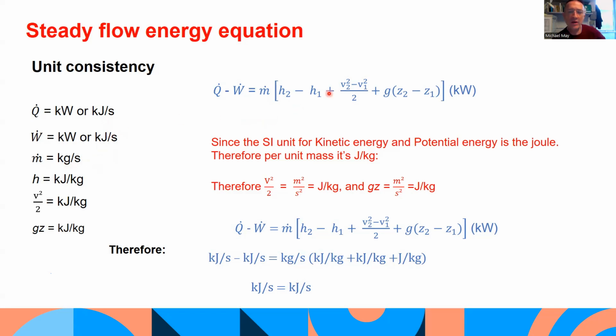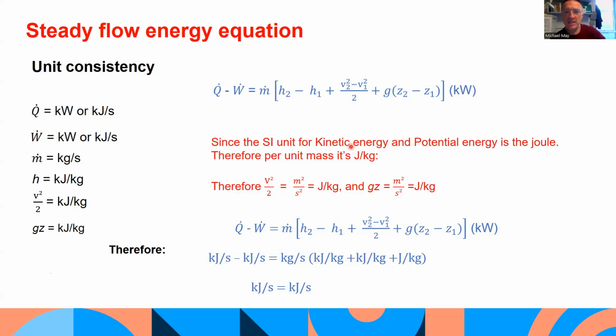So how do we go from v squared over 2, which would equal m squared over s squared? How would we make sure that that's consistent with the other units and end up with joules per kilogram? Well, the way to think about it is kinetic energy and potential energy, their ultimate units are the joule. The SI unit is the joule.